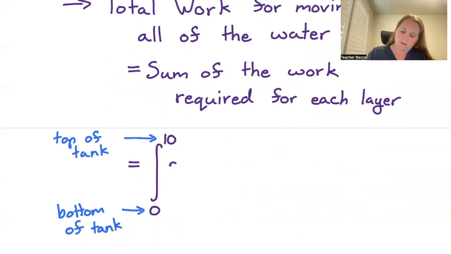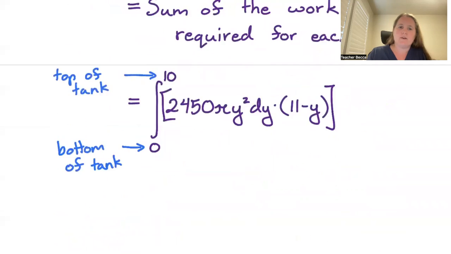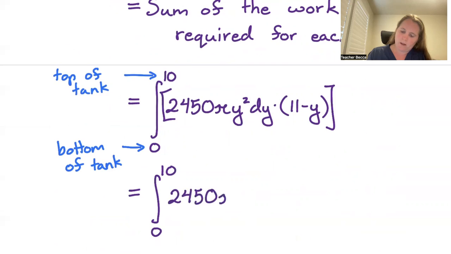So we have 2,450 pi y squared dy times 11 minus y. This is a very odd way of writing an integral. So instead, we will rewrite this as the definite integral from 0 to 10 of 2,450 pi y squared times 11 minus y dy.